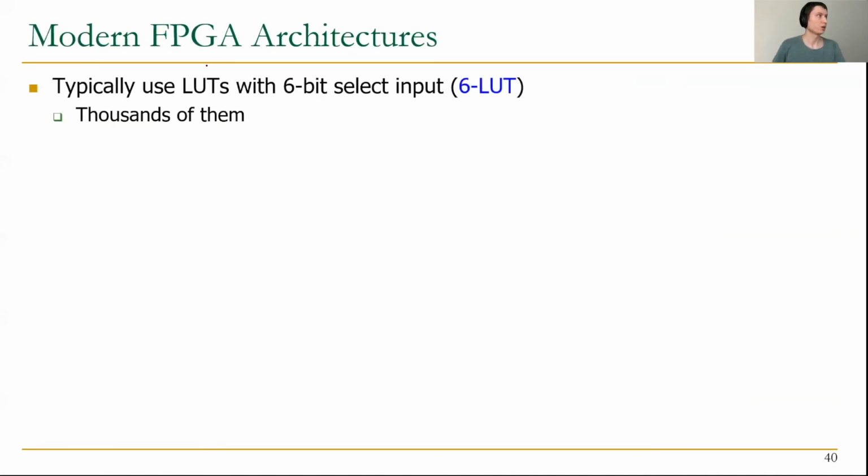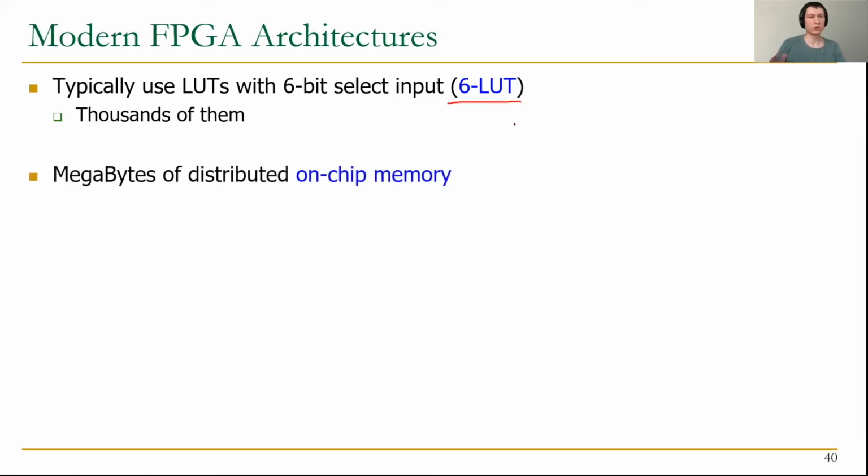Okay, let me also tell you about the modern FPGA architectures a little bit. So I showed you an example of a 3-bit lookup table, but modern FPGAs typically use some more complicated blocks, and they also use 6-bit lookup tables. But they also use a lot of custom hardware cores in the FPGAs. They even implement some simple CPU cores.